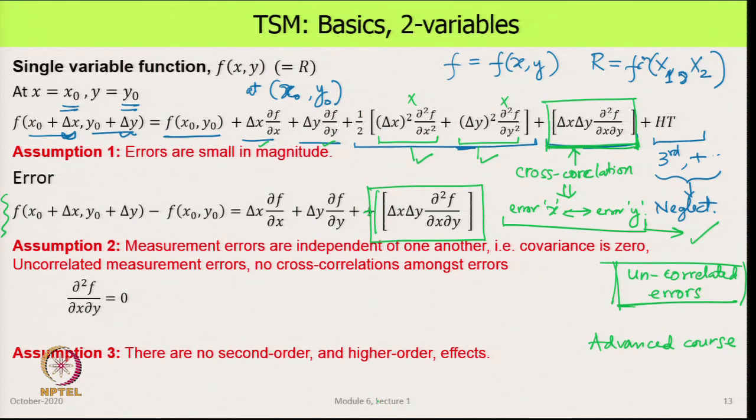And so, the second assumption that we have just talked about, measurement errors are independent of one another. That means, their covariance is 0, or they are uncorrelated measurement errors, or the same thing as saying that there are no cross correlations amongst the errors in the measurement.